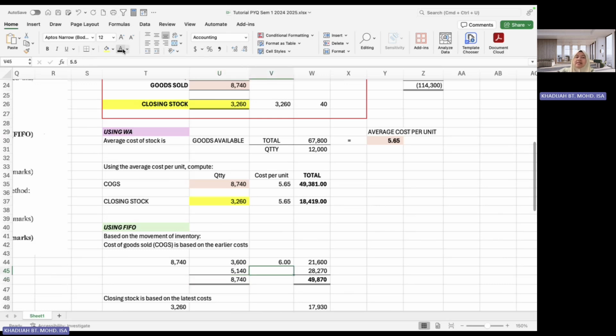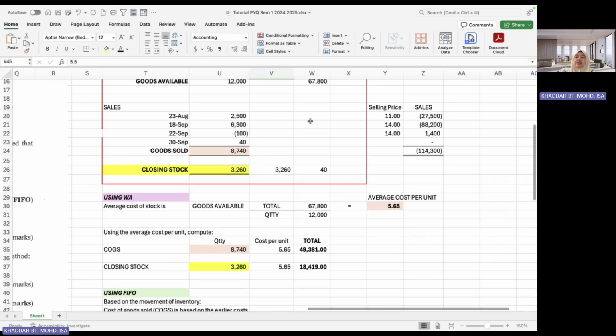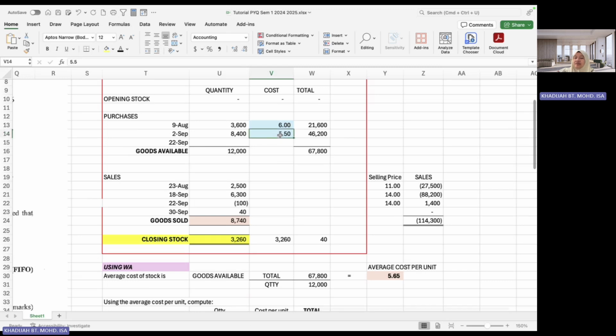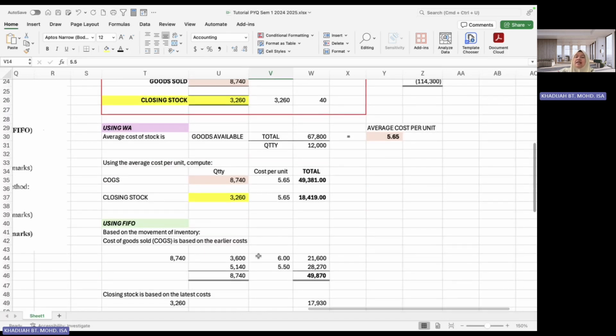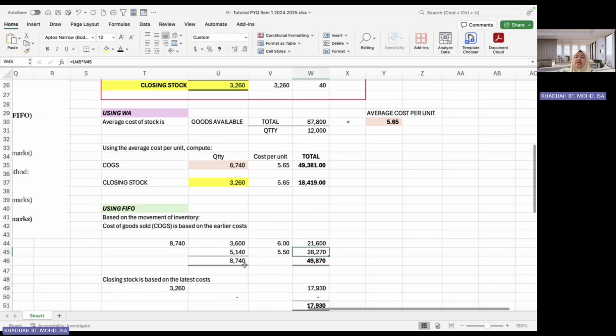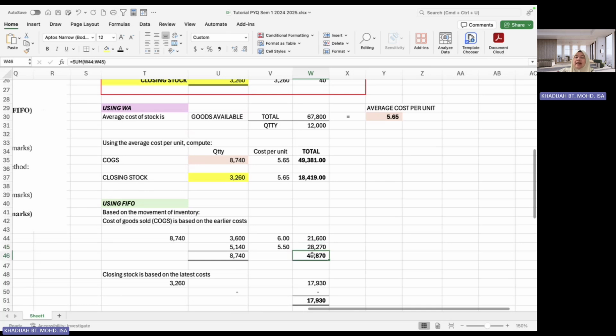But what will be the cost here? The cost now will be the later cost at 5.50. So goods sold under first in, first out will be based on 6 ringgit first, followed by 5.50. So 3,000 units first at 6 ringgit and the balance at 5.50. So your COGS under FIFO is 49,870.